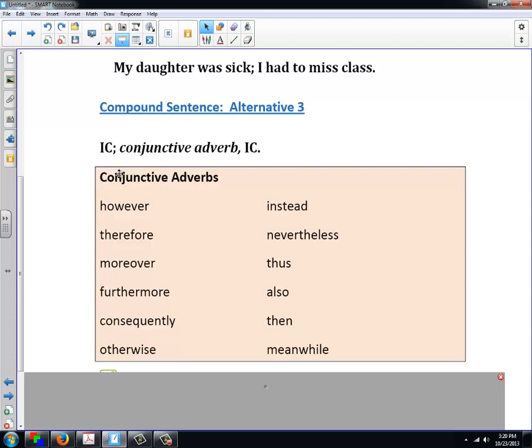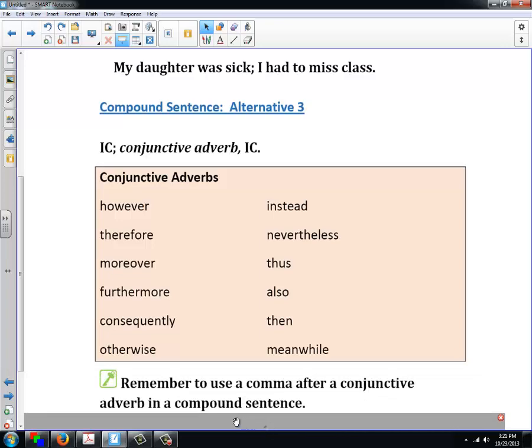However, therefore, moreover, furthermore, consequently, otherwise, instead, nevertheless, and then the little words, thus, also, then, and meanwhile thrown in for good measure. Remember to use the comma. The reason I'm emphasizing the comma so much is that it signals the reader that two independent clauses have come together and that there is another independent clause that will be following. This is very important to read the sentence smoothly.